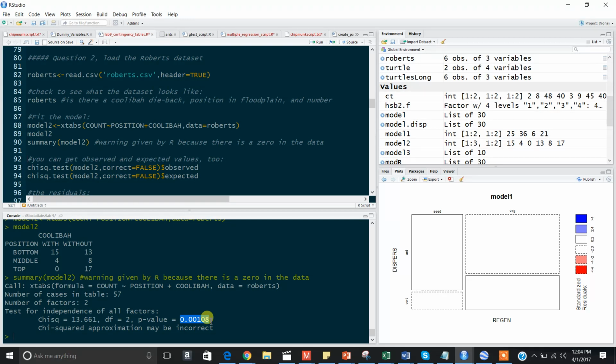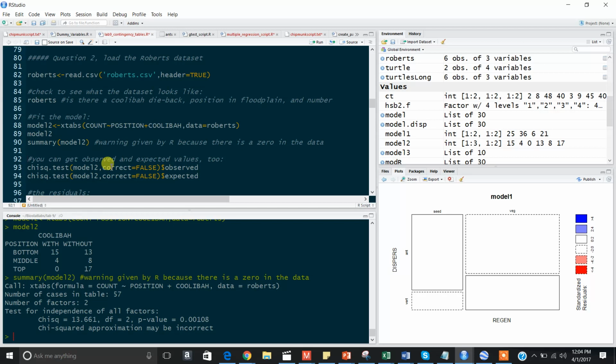So as a result, we can reject the null hypothesis, and say that the amount of Kulebach dieback is contingent upon its position in the floodplain.